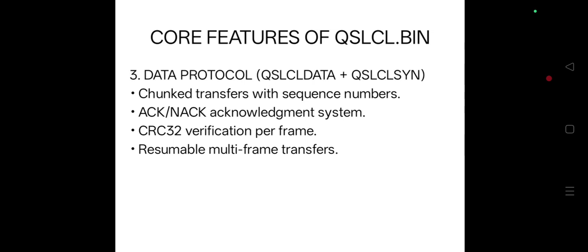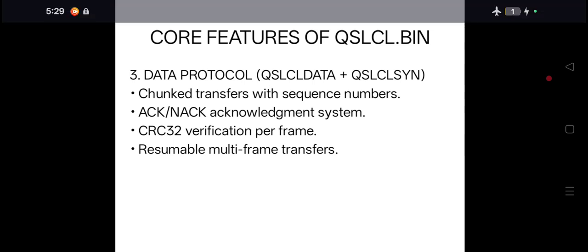When running some of the headers, they need to be verified by CRC32 to prevent alignment issues or invalid operations, which create errors while executing the qslcl.bin. It also has resumable multi-frame transfers.